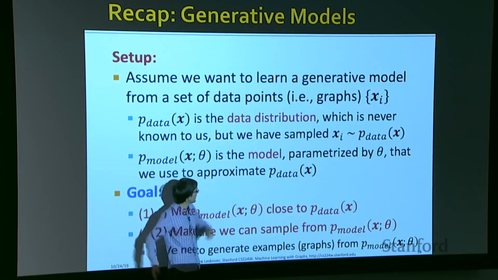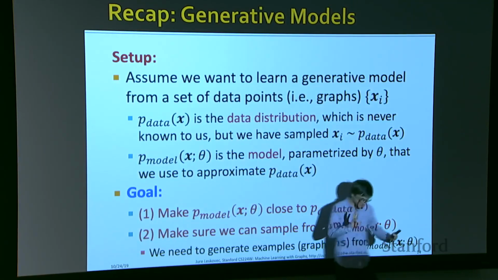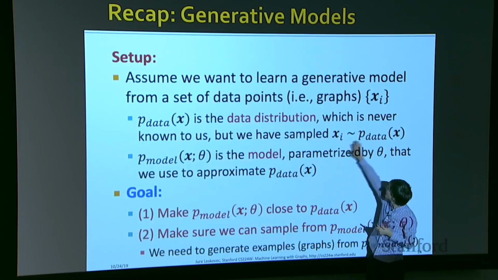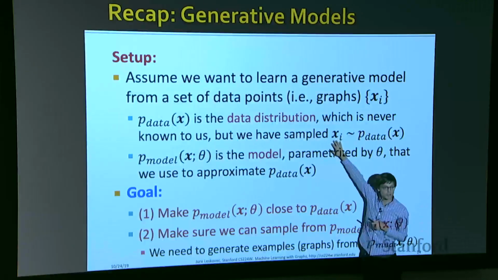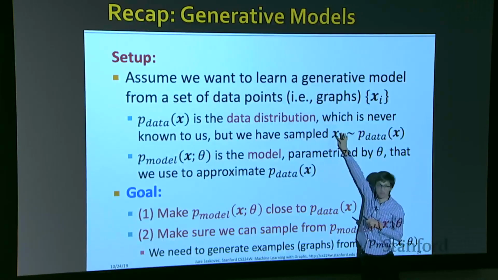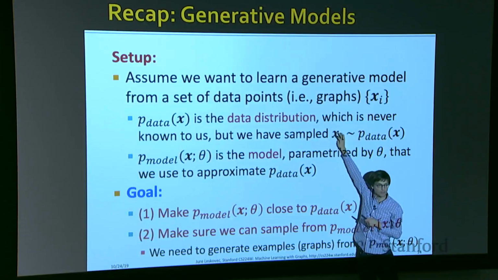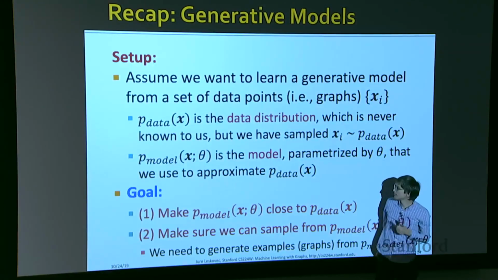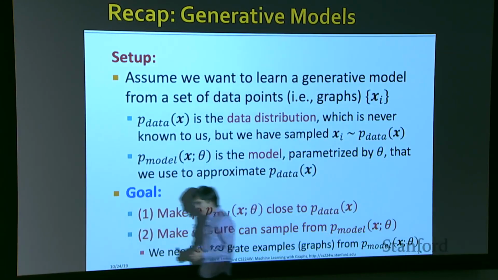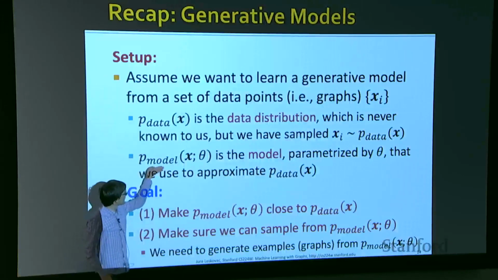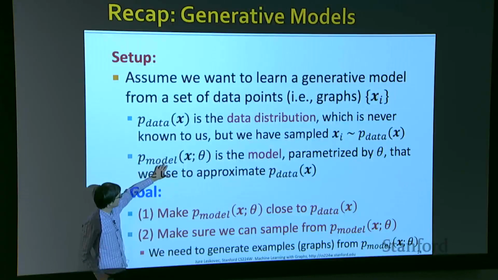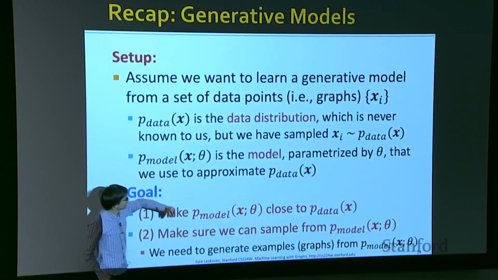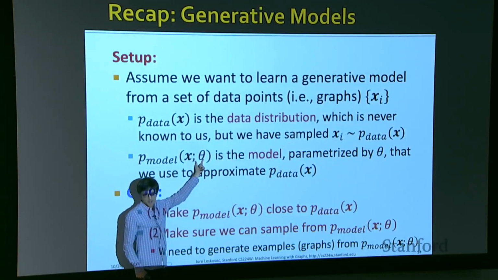Or whoever, like nature has it in its head, if you want to think of it that way, right? And all we see is what the nature reveals to us, right? Some real molecules, real social networks, whatever we get to see here, right? And our goal will be to come up with this approximation, this P model, that will be parameterized by some parameters.